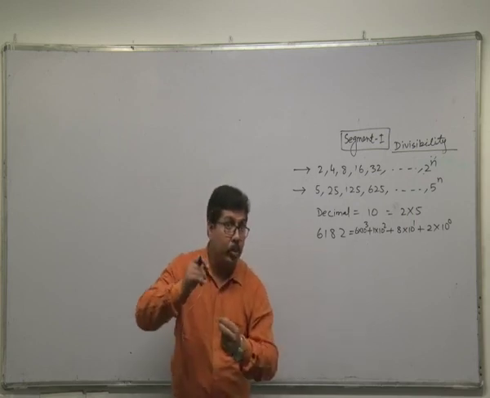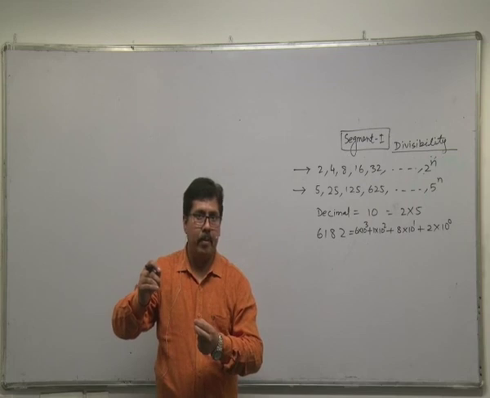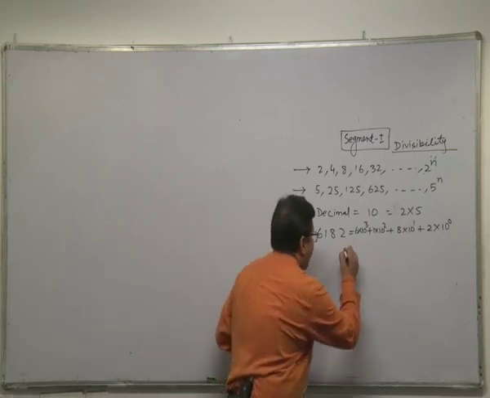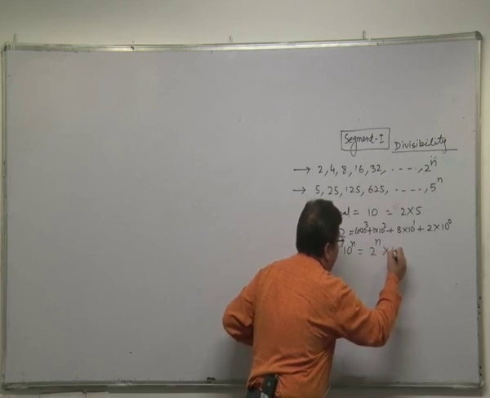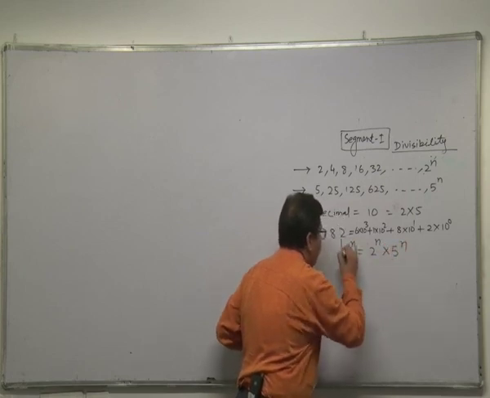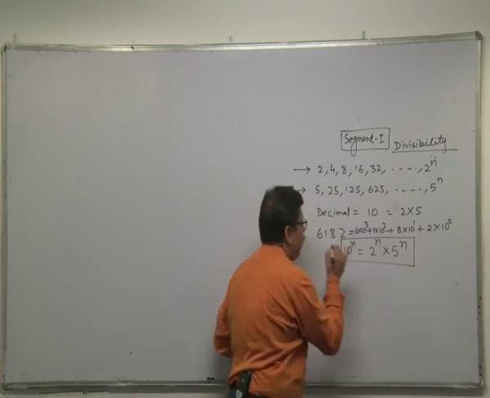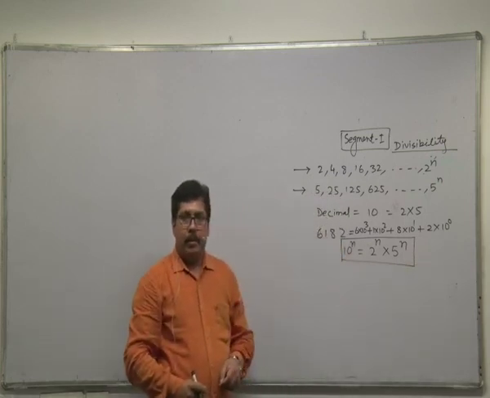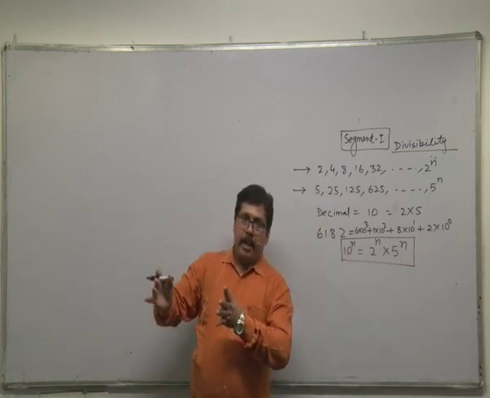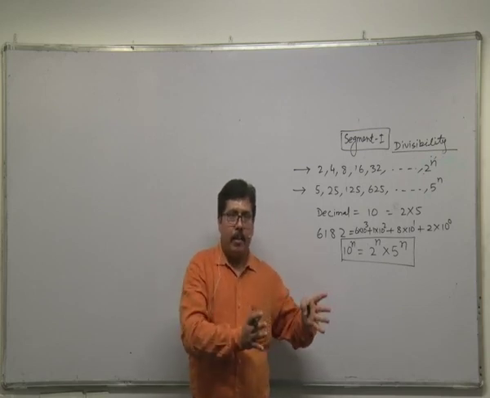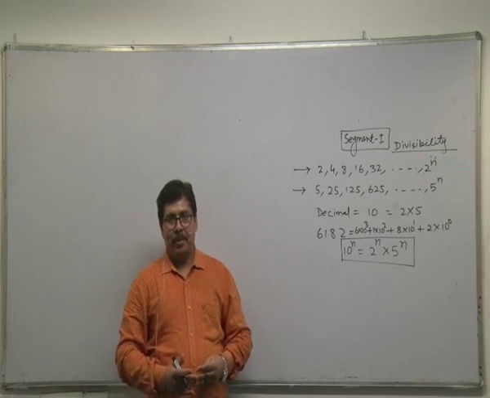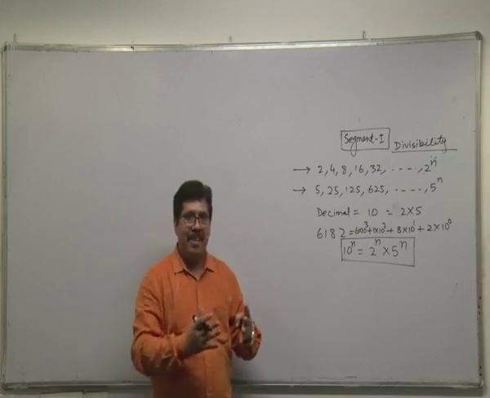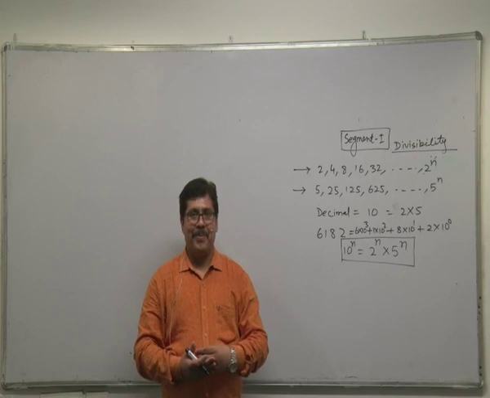So 4 is 2 raised to the power 2. And we know that 10 raised to the power n is equal to 2 raised to the power n into 5 raised to the power n. So, if you are interested in decoding the logic behind the divisibility by 2 raised to the power 2, just focus upon 10 raised to the power 2.